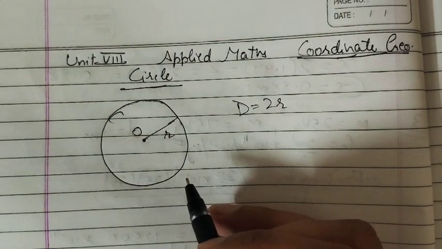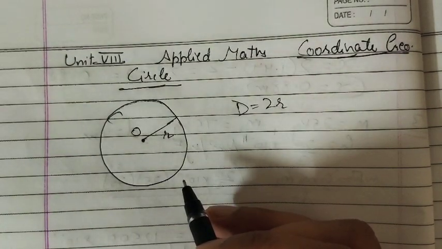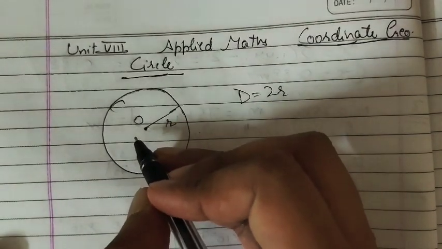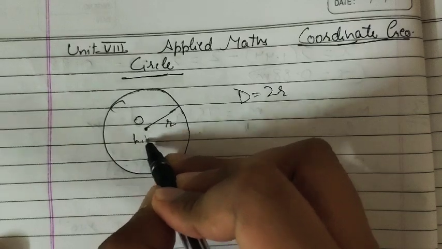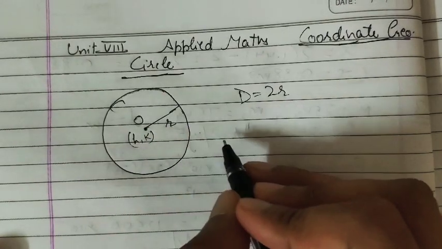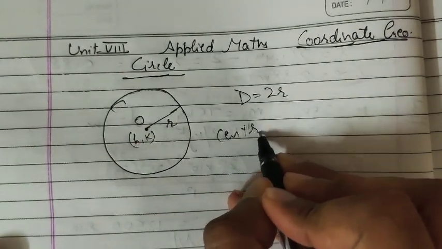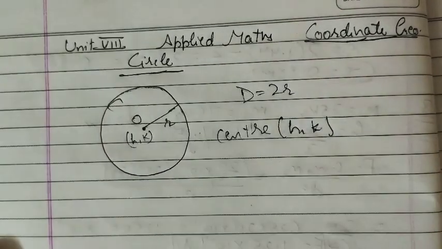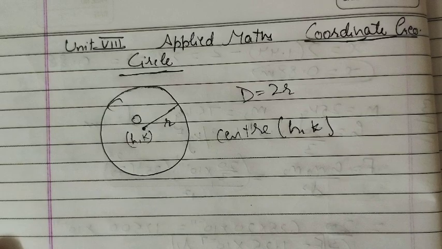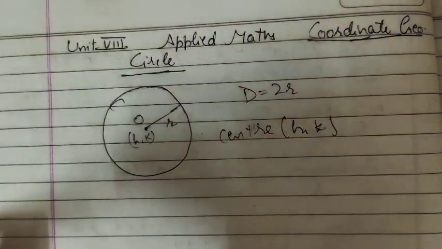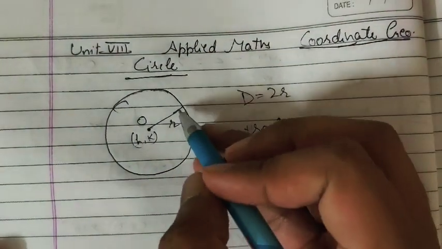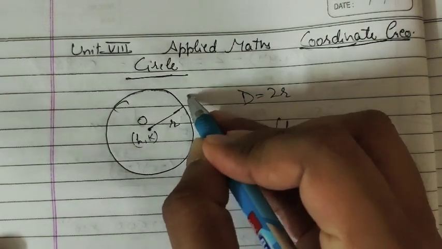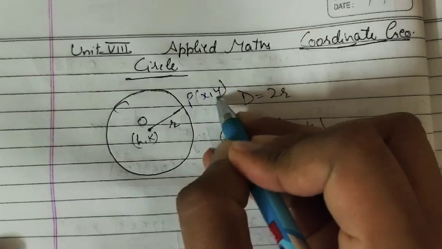Now suppose we have to determine the equation of a circle in standard form. Suppose the center of the circle is h comma k, and any point on this circle is p, x comma y.